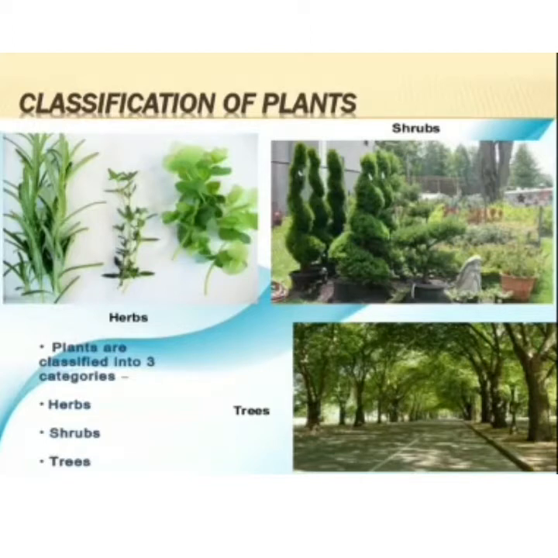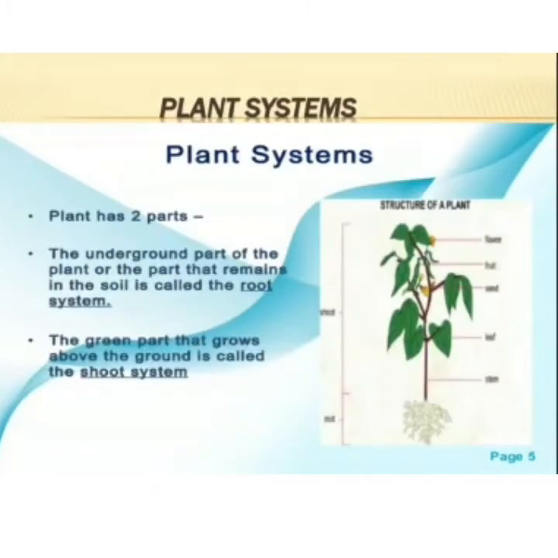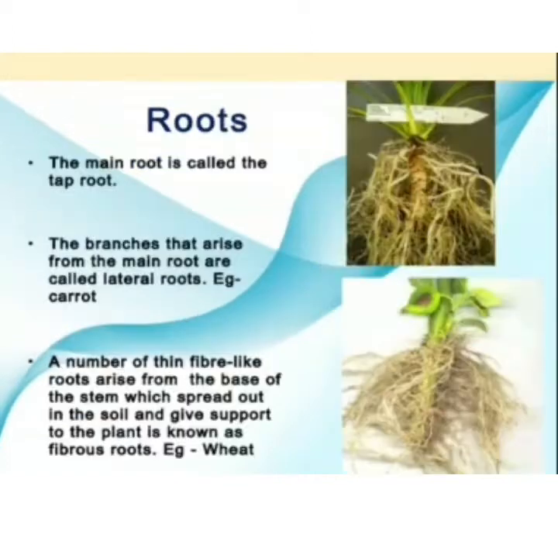We see that plants are classified into three categories according to their sizes and according to their structure. After that we know about creepers and climbers also, and then we learned about the plant system, and in that part we know that a plant has two parts. One is below the soil, that is the root system, and above the soil is the shoot system.